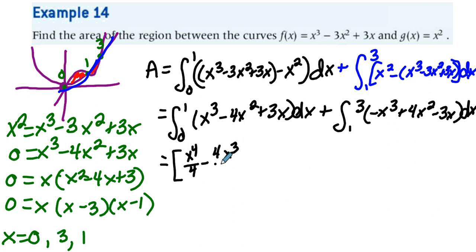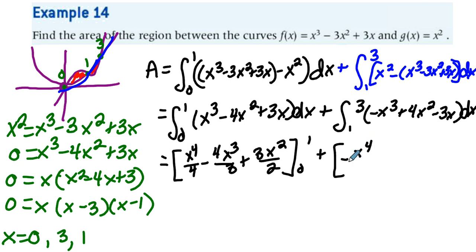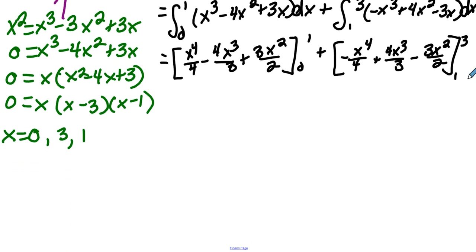So then minus 4x cubed over 3 plus 3x squared over 2 from 0 to 1, plus negative x to the 4th over 4 plus 4x cubed over 3 minus 3x squared over 2 from 1 to 3. Now I go ahead and plug in those numbers. So this one's nice because it's 0, because this one is, in essence, that x-axis piece.